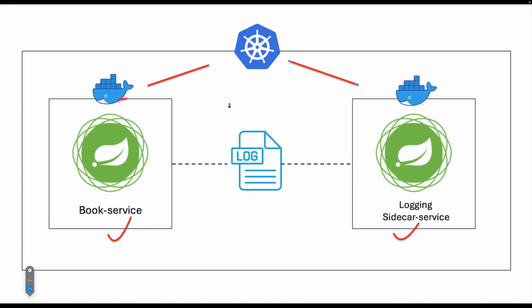By creating the deployment configuration, we'll ask Kubernetes, hey Kubernetes, please consider this book service and logging service as two different images and run them in two different containers in a single pod of Kubernetes. Okay, those information we need to tell to the Kubernetes.